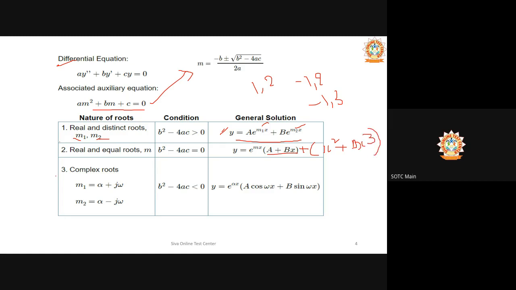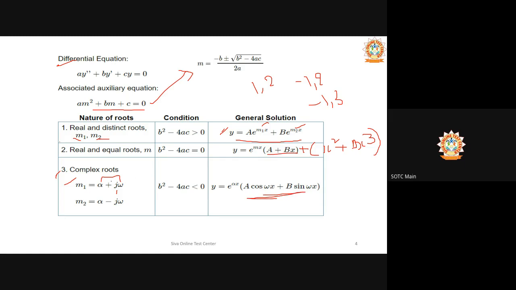So next try to see the complex case. If the roots are complex numbers, those roots are m is alpha plus or minus j omega. Here j is the imaginary unit, and alpha and omega are real numbers, right? So now y is equal to e power alpha x. Here alpha is your real part. Then (A cos omega x plus B sin omega x) is your solution.